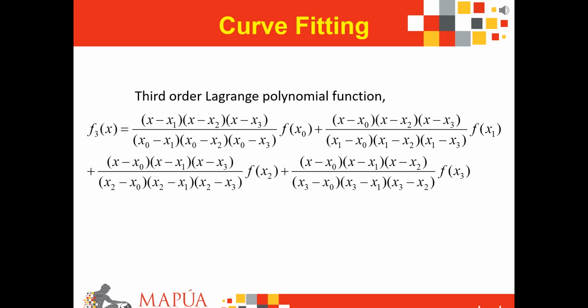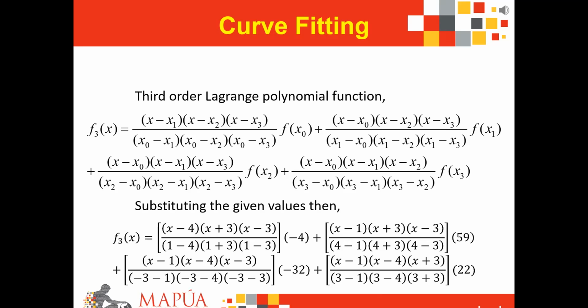As derived from our previous slide, the values for your L1 of x would simply be like this. The value for your L2 of x and the value for your L3 of x multiplied to their respective function would be given off by this expanded formula. When we substitute then the given values, we end up now with this solution.